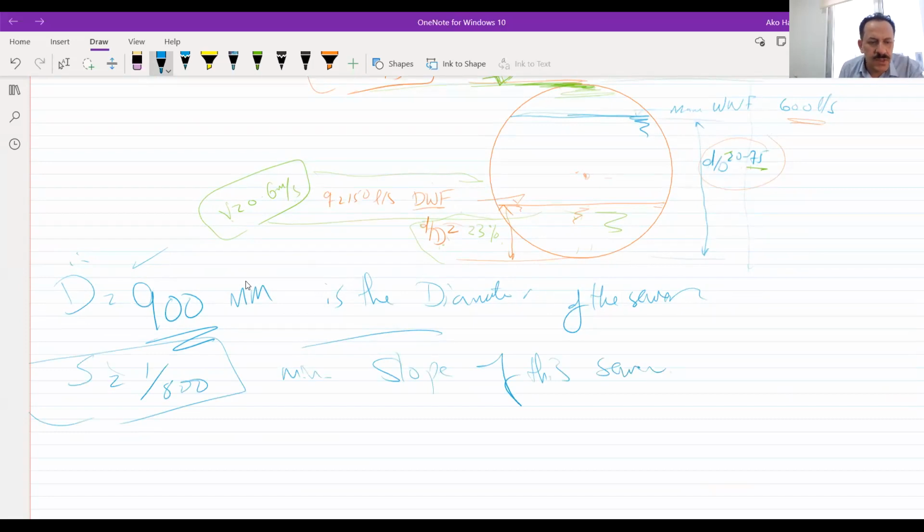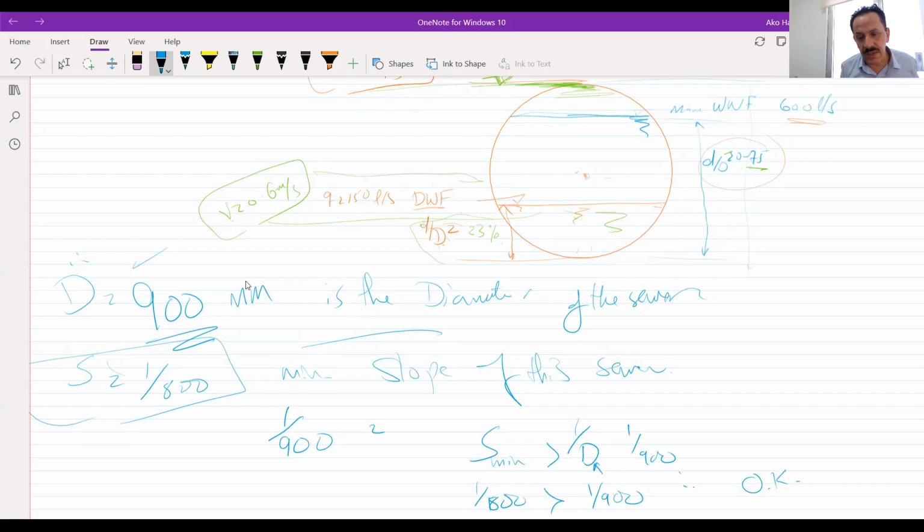And check with what we have. 1 over 900, it will give us how much? As we mentioned, we have an empirical equation: S minimum should be greater than 1 over D. The D here is 900, so 1 over 900, and our S, which is 1 over 800, is already greater than 1 over 900. So okay, I can say this works.